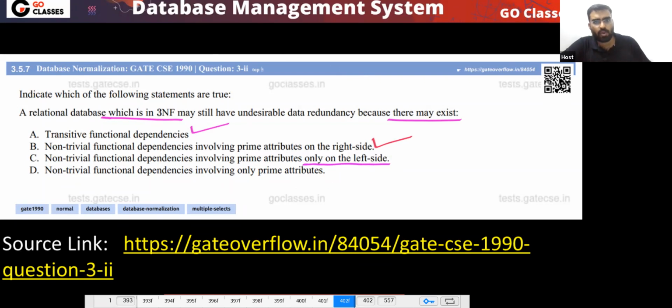Tell me, non-trivial functional dependency involving prime attributes only on LHS. Means on RHS, who is there? On RHS, you have non-prime. That is not allowed. Yes or no?